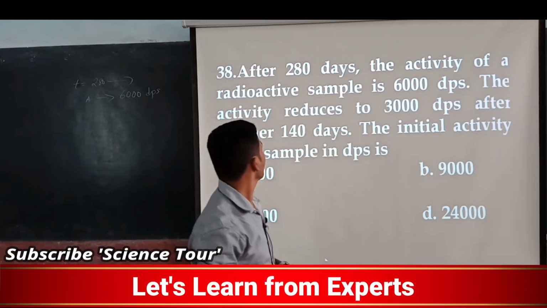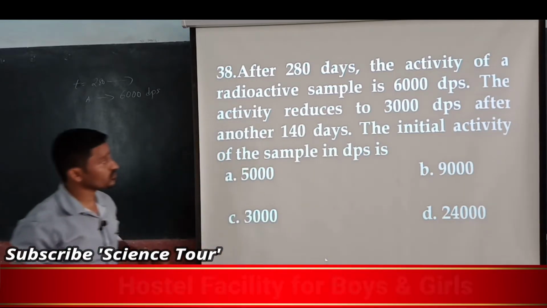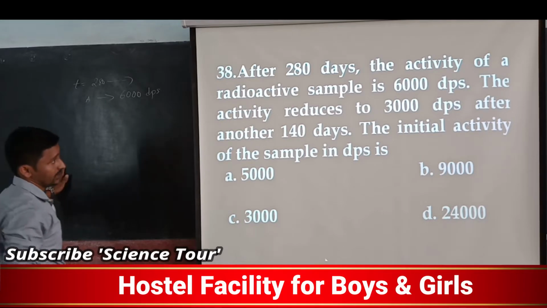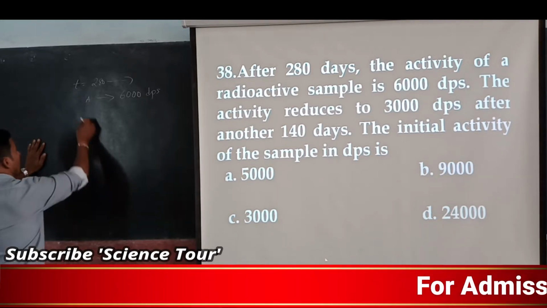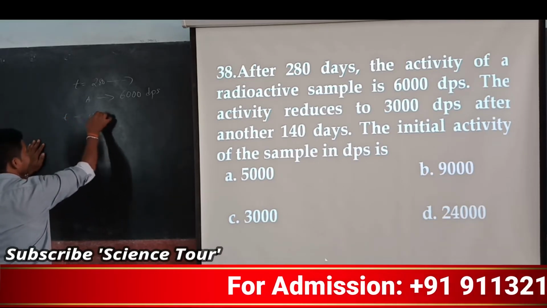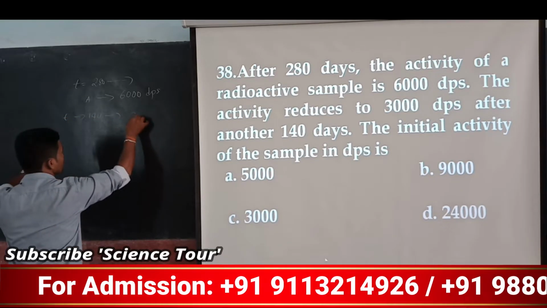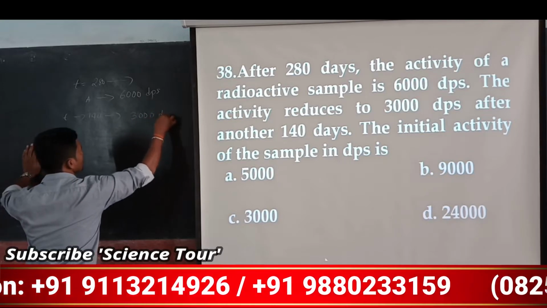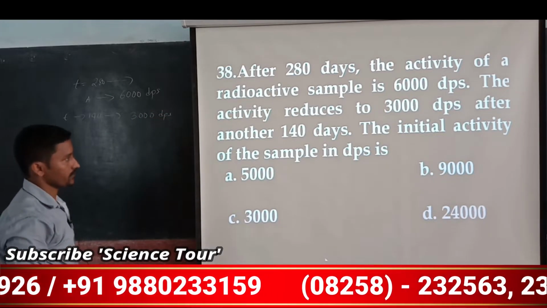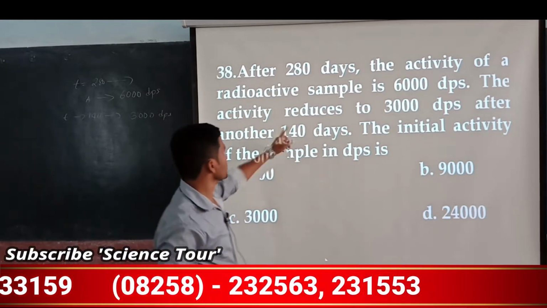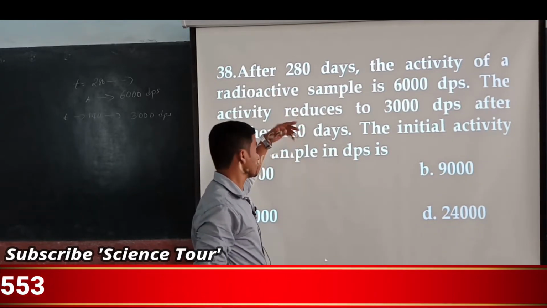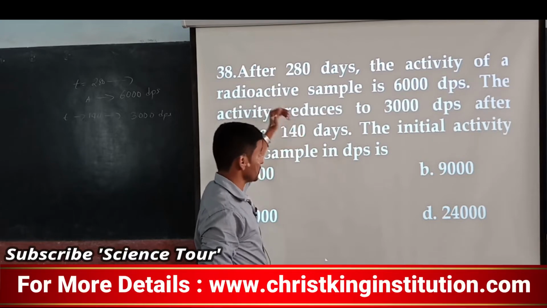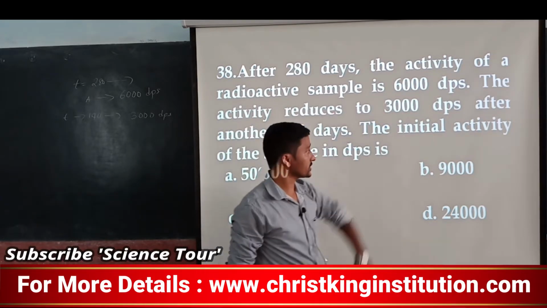The activity reduces to 3,000 disintegration per second after 140 days. So exactly half of this. 140 days means I can say it is the half-life, so it exactly reduces to half.